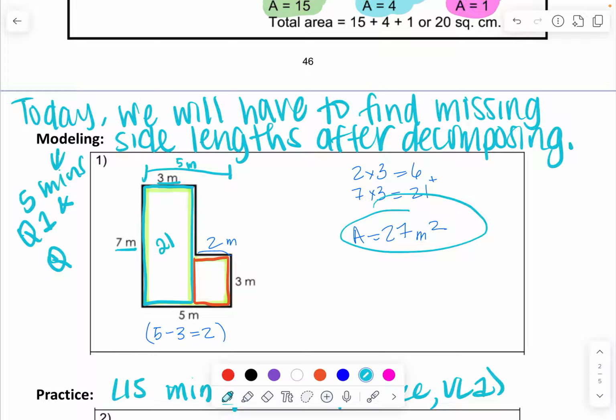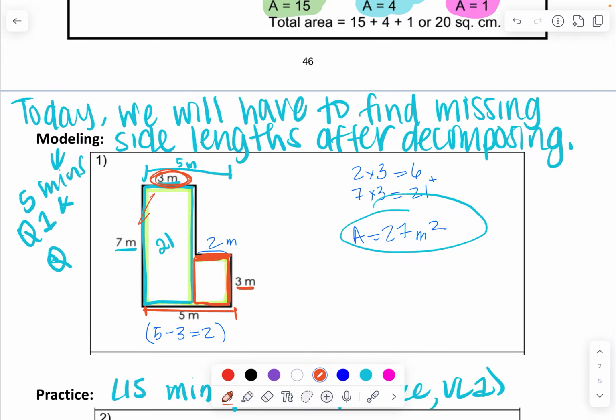But then it gets a little bit more challenging once we get to the orange shape, just like the exit ticket from yesterday. We do have a length here, which is 3 meters. However, this piece for our width is a little bit more challenging. We know that the total width is 5. However, the blue shape accounts for 3 of those 5.